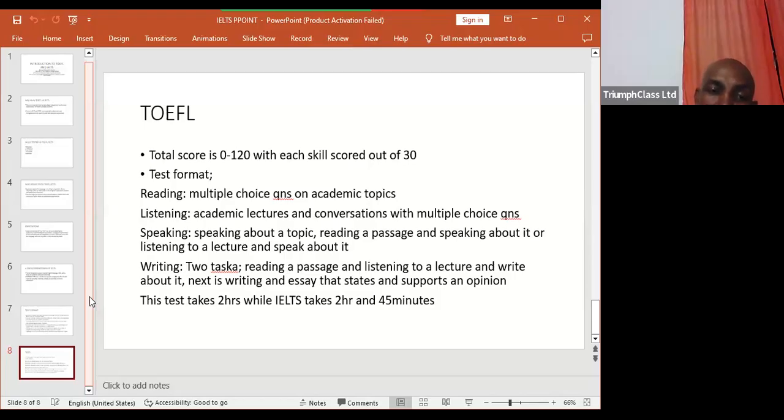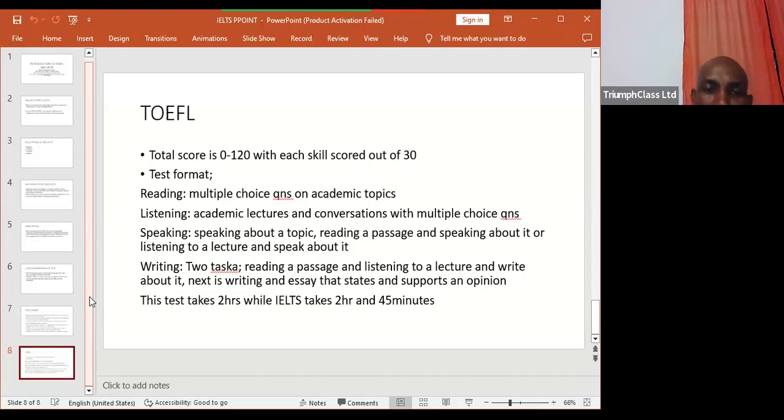Much as structure is important, you have to arrange the ideas you have listened to, like, when you're writing, what came first in listening has to come first in writing, so that you don't produce a distorted structure of your written answer.